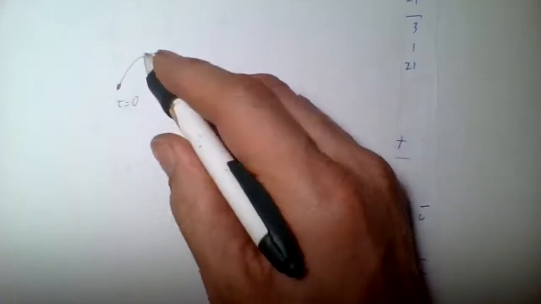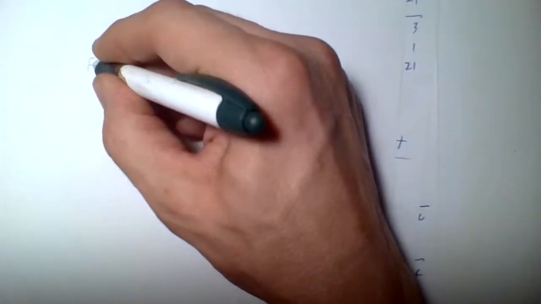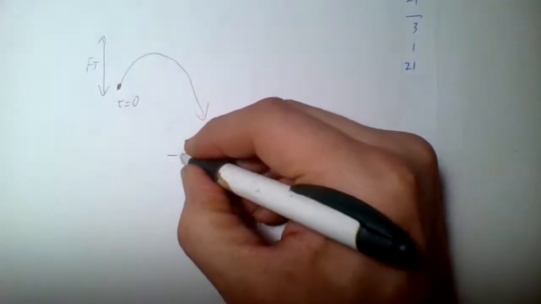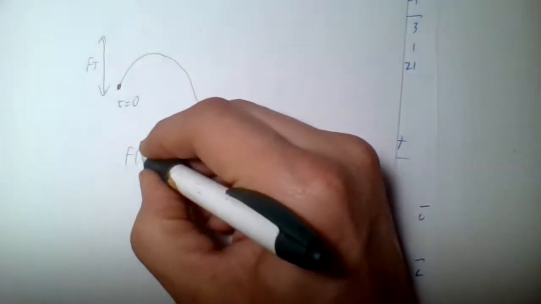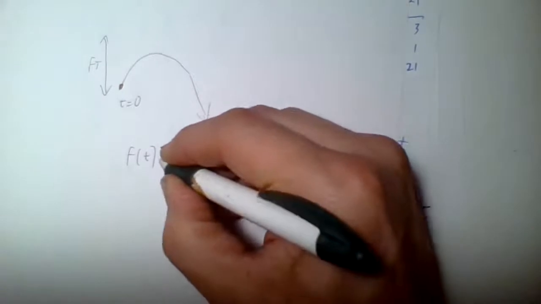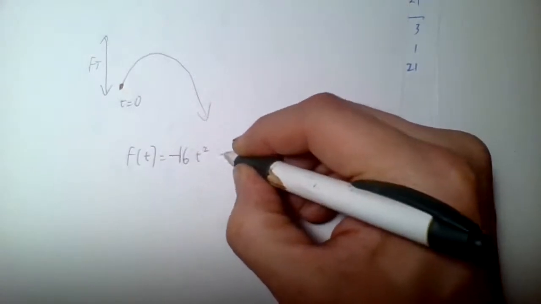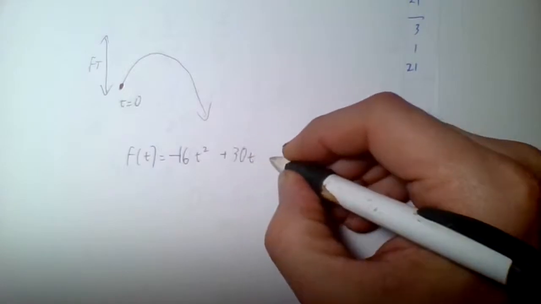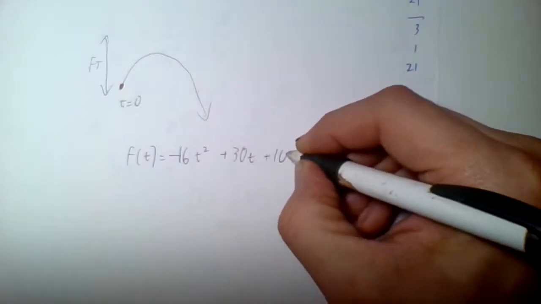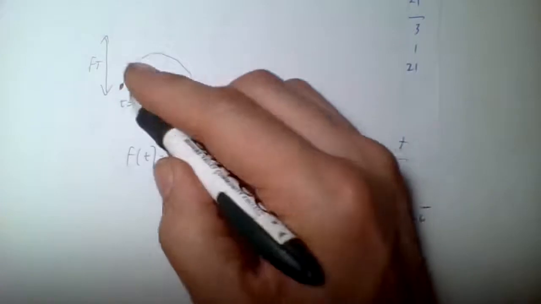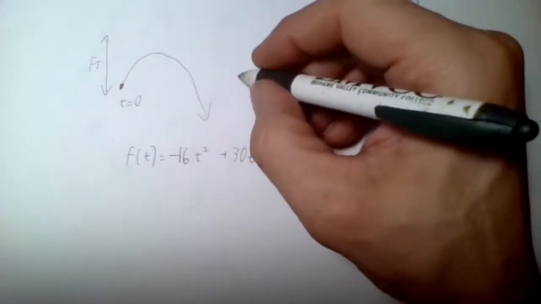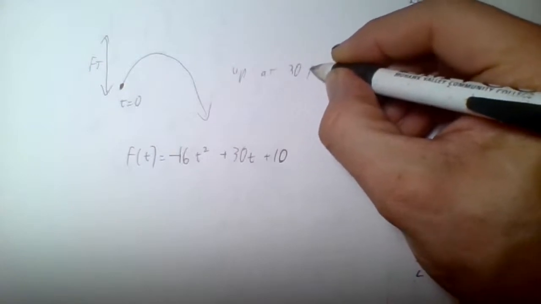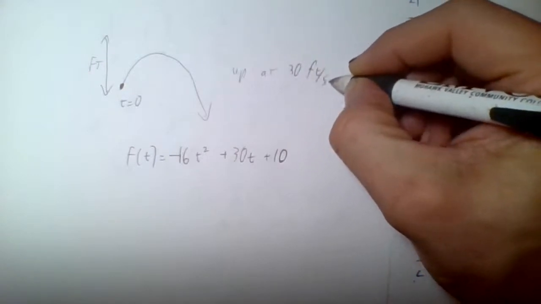Earth's gravity, if you're measuring height in feet, the equation would look like this. The function would look like this. f of t is negative 16t squared plus 30t plus 10. Now, the 30 is your initial speed, if something's going up at 30 feet per second when you toss it up into the air.